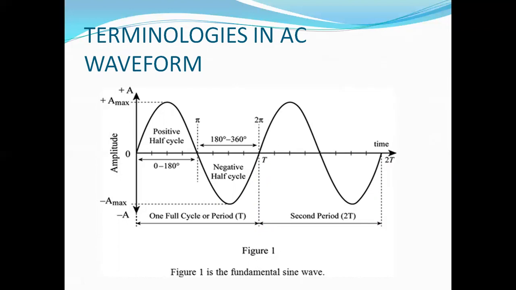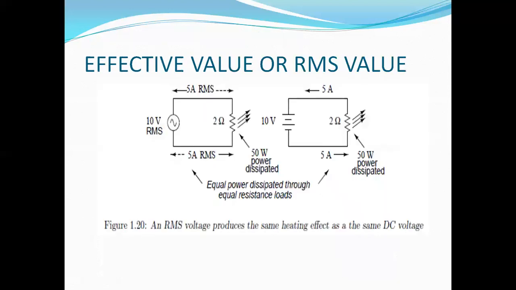So for this comparison of the two, a common effect to both types of current can be considered, such as the heat produced in a resistance when we allow either AC current or direct current to flow. So that heating effect can be compared. From the alternating and direct current, the RMS value of an alternating current can be defined.